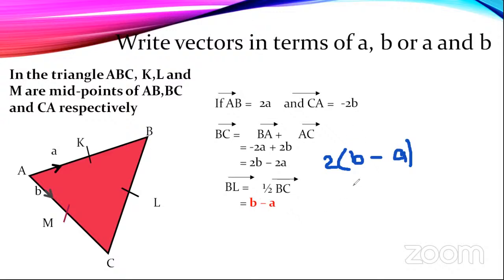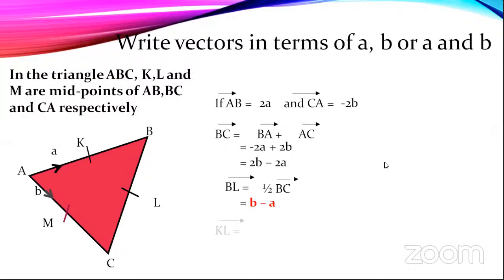So if we had factored out the 2, when we multiply a half by this, we realize that a half of 2 will give us 1. So that's how they ended up with b take a. Very good. Nice. Good job, guys.